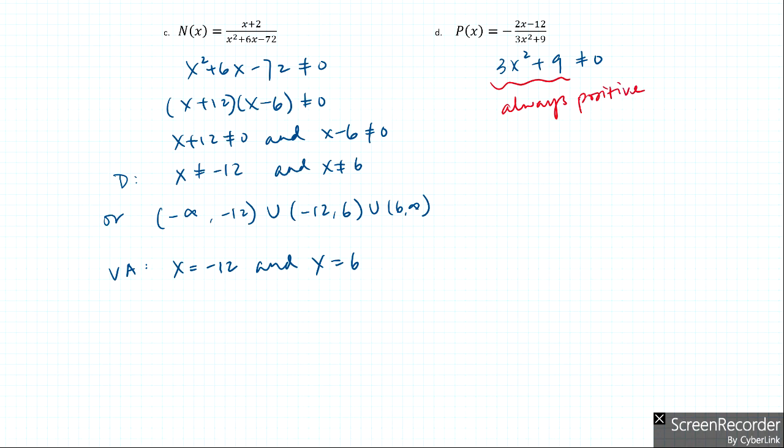So we'll know it by default it's never going to be 0 anyways, so there's no domain restriction, so the domain is all real numbers using the set notation, or you can use the interval notation for negative infinity to infinity. And for vertical asymptote, we would say there is no vertical asymptote.